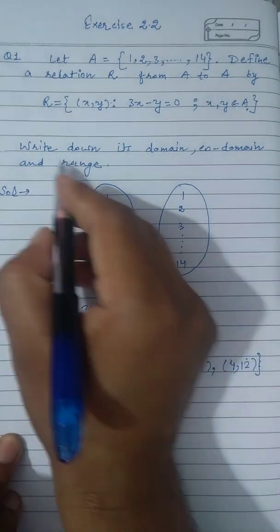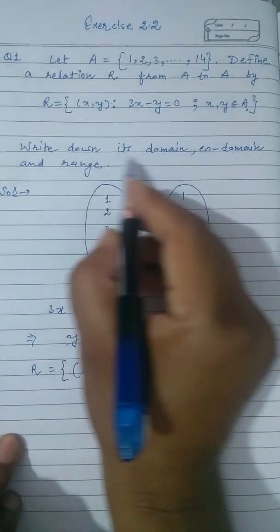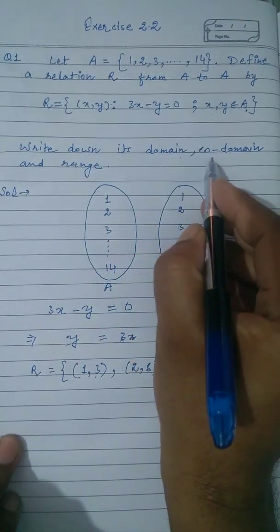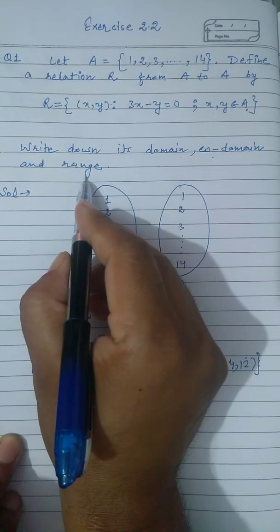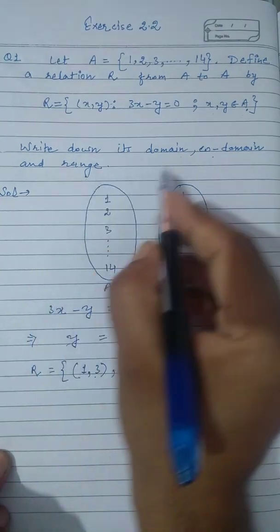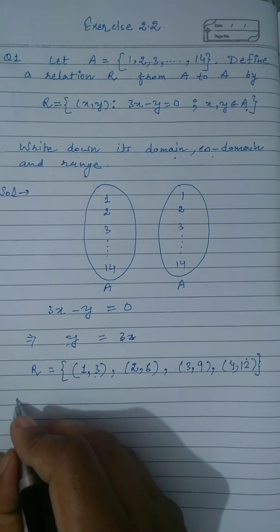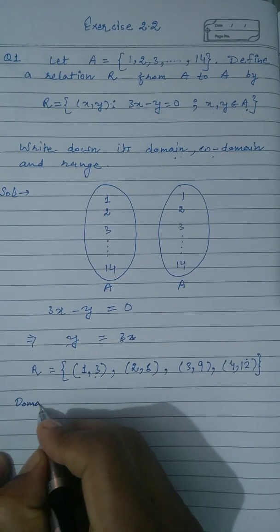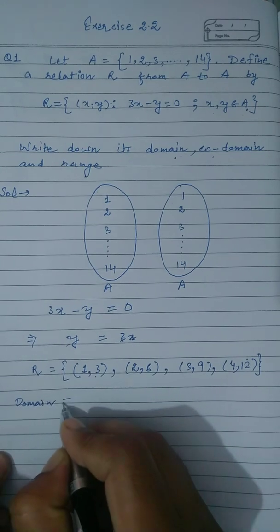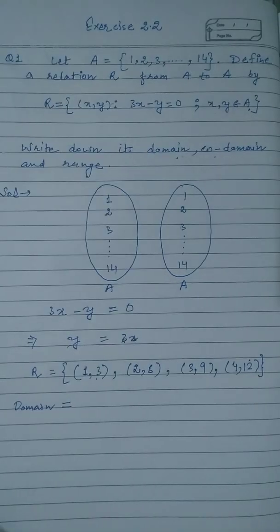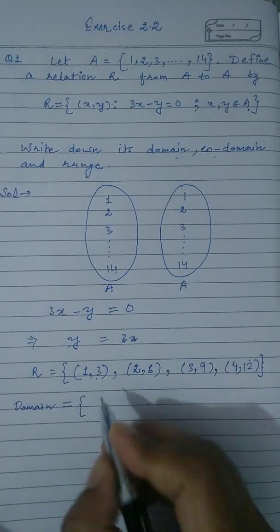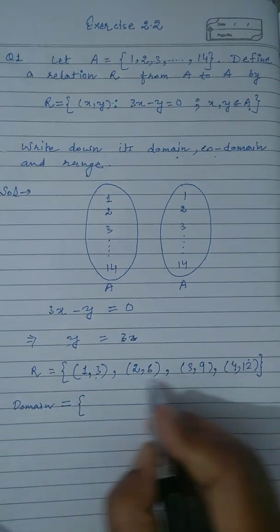Now the question is, write down its domain, codomain and range. So my dear friends, what is domain? Domain = in roster form, what are the ordered pairs?